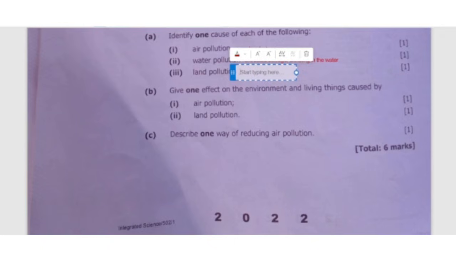So we're going to say throwing of, let me just say garbage, because they're saying state the cause of each. Okay, so we can even say garbages. So people will just throw garbage anyhow.